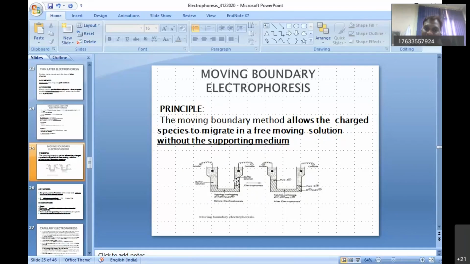Here also there are the anode and cathode, and your analytes will be in a solution and will be separated on the basis of charge in this capillary basically.